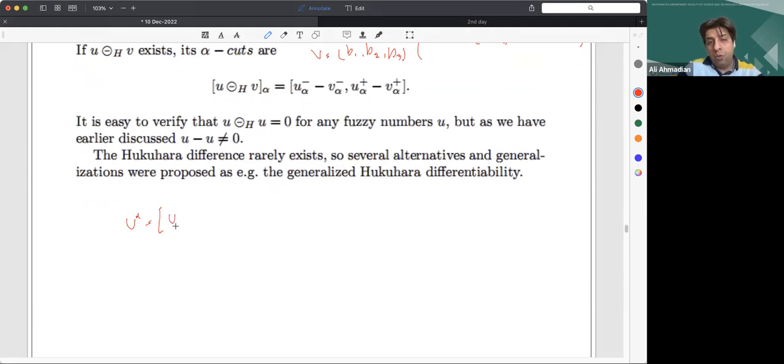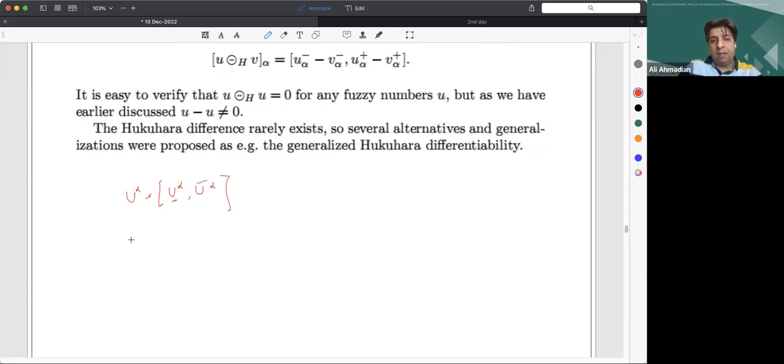So u lower means, for the left side we discussed, and also u upper for the alpha cut. For v alpha cut, we have v lower alpha and v upper alpha.